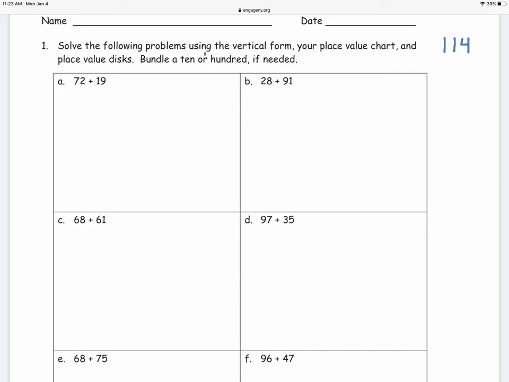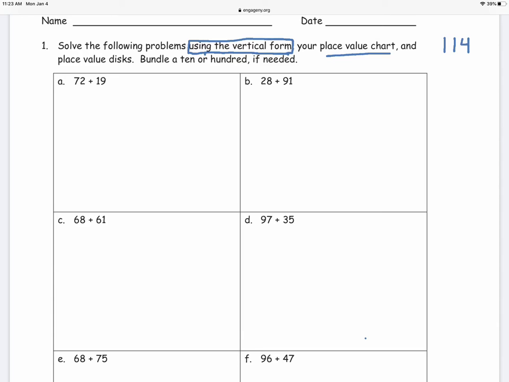Okay, so let's break it down. It says solve using the vertical form. Okay, that is the most important thing. Every one of us is going to stack these numbers up to solve them in the vertical form. Okay, you have to do this. Now it also wants you to use your place value chart and place value discs.